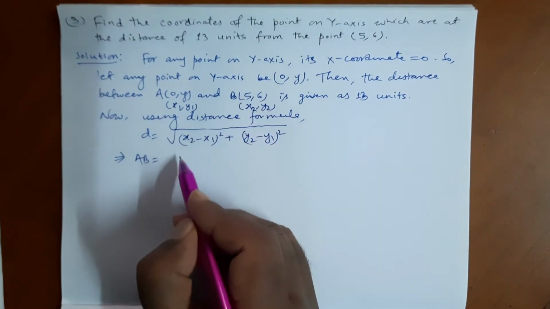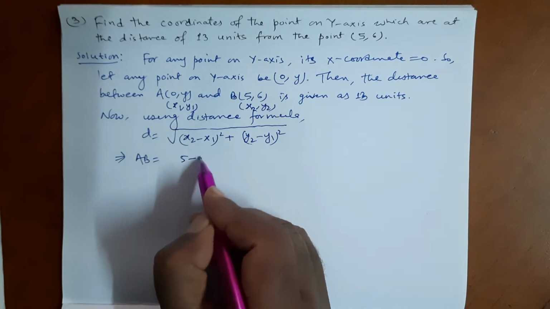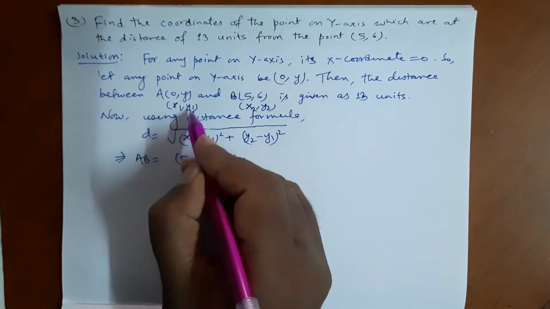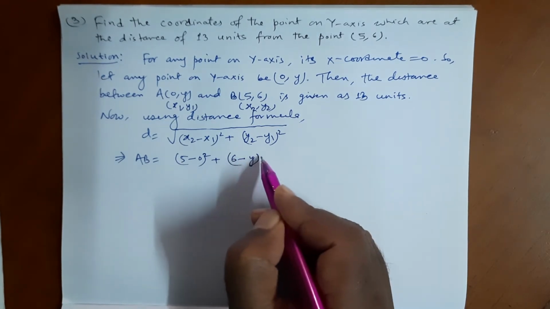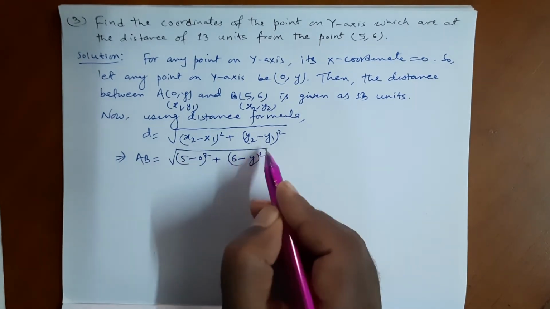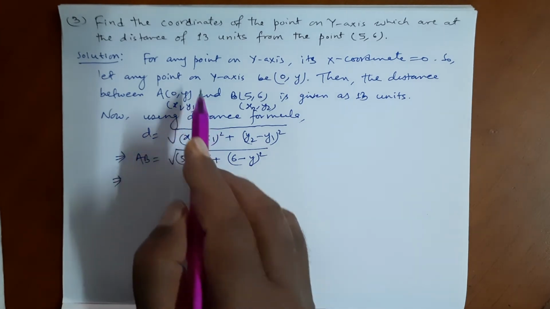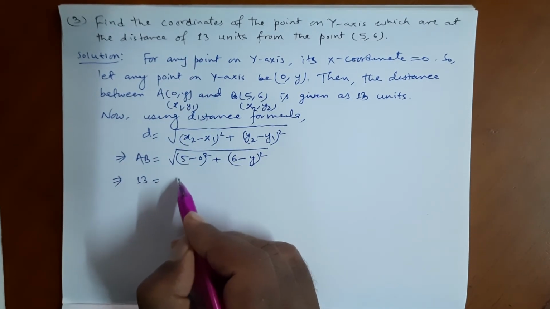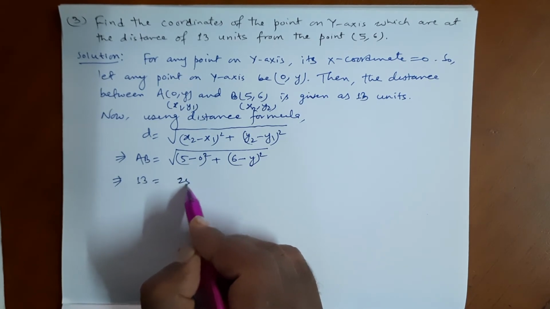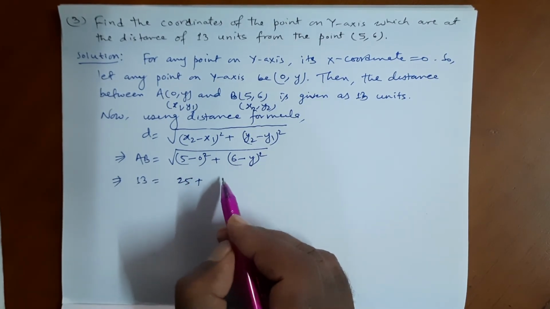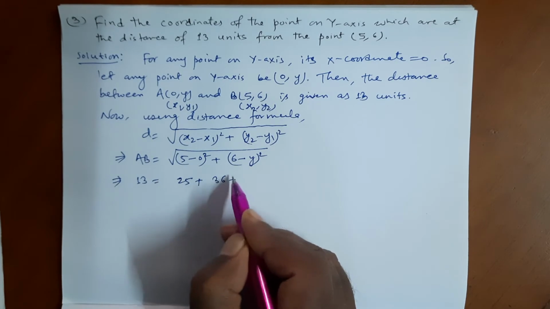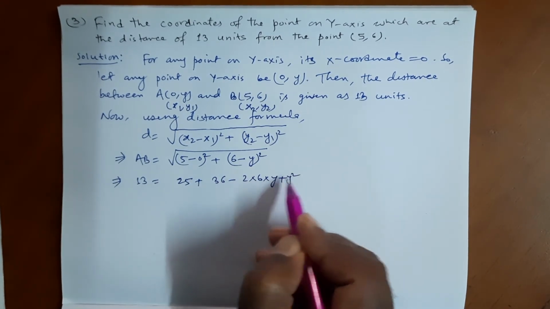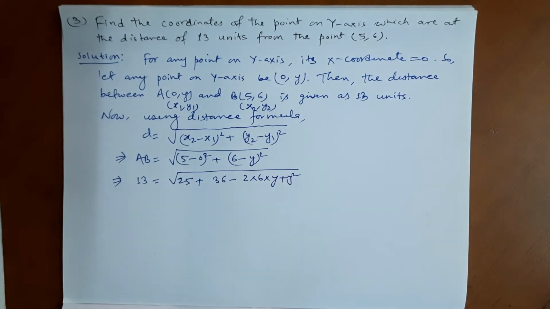So x2 that is 5 minus x1 that is 0, square, plus y2 that is 6 minus y1 that is y, square, all under root. Now AB distance, that is 13, equals root over 5 square, that will be 25, plus, using the (m minus p) whole square formula, we can expand this: 36 minus 2 times 6 times y plus y square.